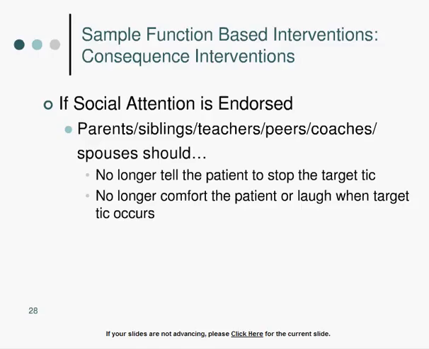Or what we see very often is that parents feel bad for their children, so they might comfort the child after the child tics. And again, while the parents mean well, this is still a consequence that could actually reinforce the tic. So in that case, parents would be told to no longer comfort the patient after they tic.